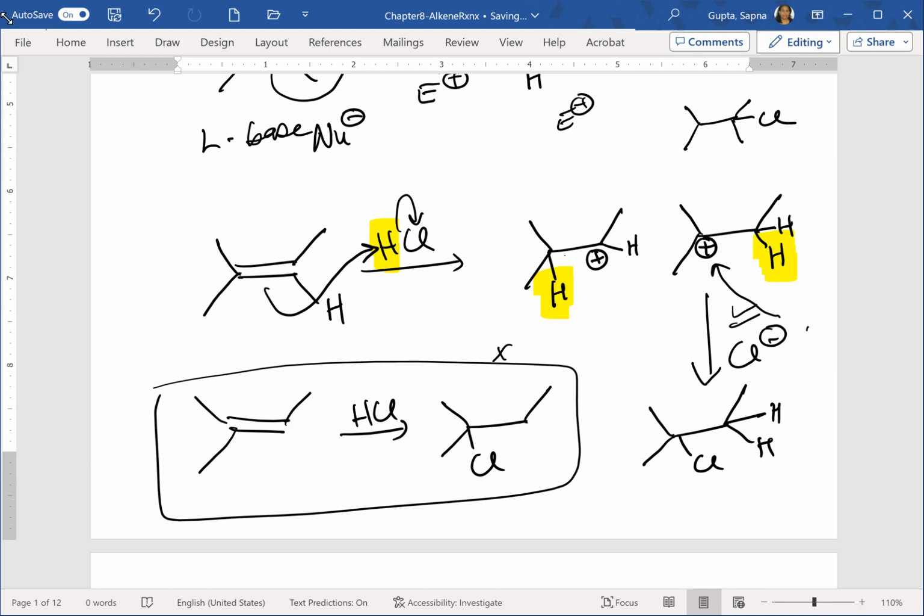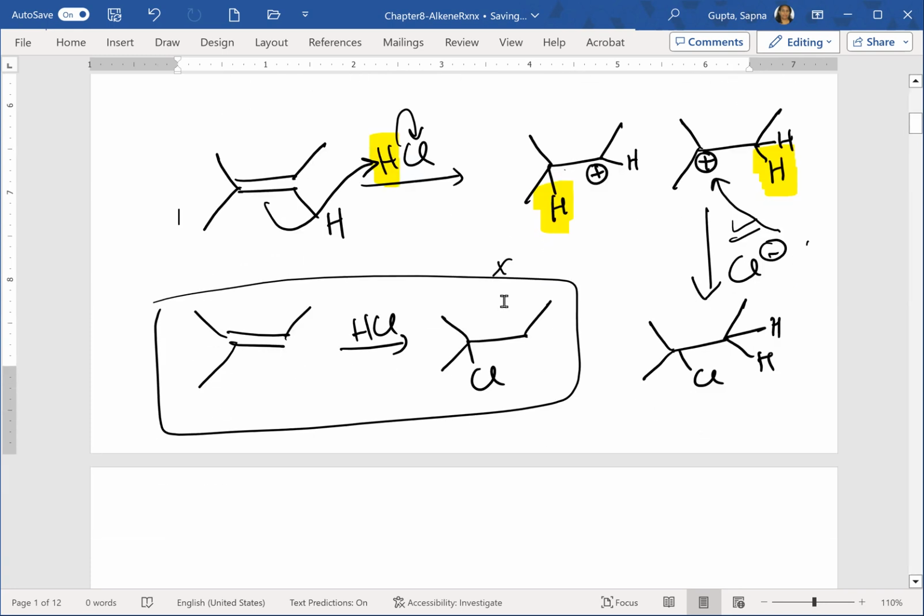Okay, so once you have this, now I need to talk about something else, okay? And again, I'm going to bring up this word, regioselectivity. Now regioselectivity is a little bit different. Before, regioselectivity was Zaitsev's product and Hofmann product. Now regioselectivity is just a little bit different, okay?